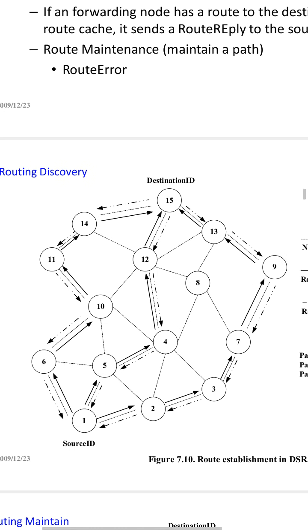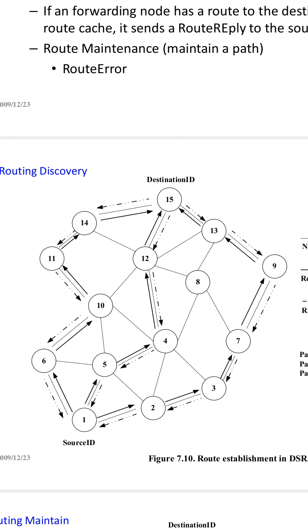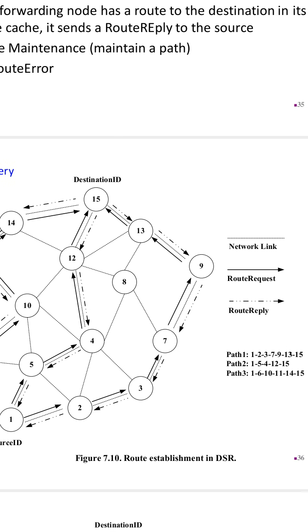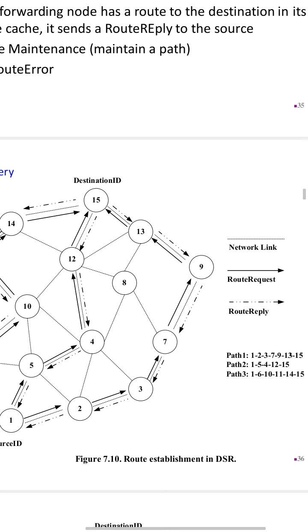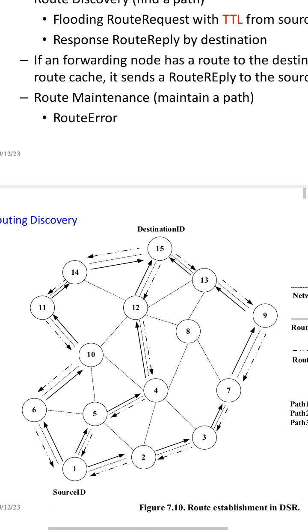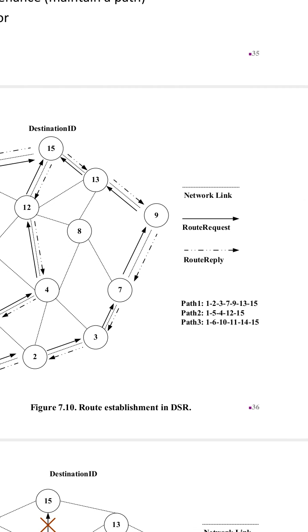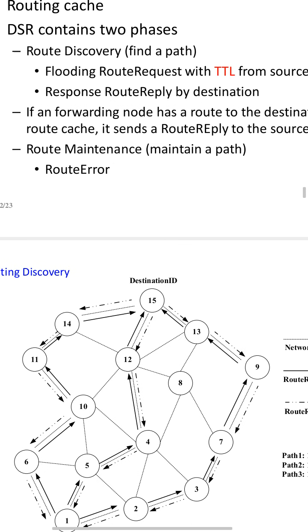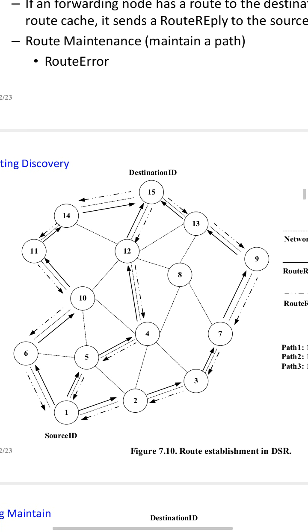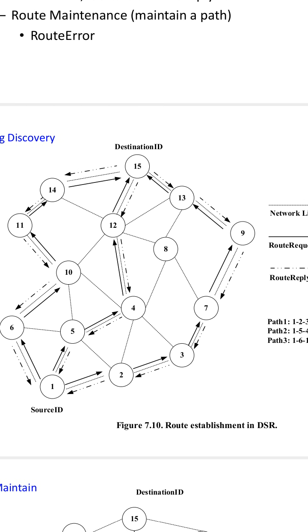First of all, the source node sends the route request to its two adjacent nodes, and those nodes again send to their adjacent nodes. Like this the route is discovered to the destination node. By using the route request signal, we establish route discovery, that is, the path to the destination node.